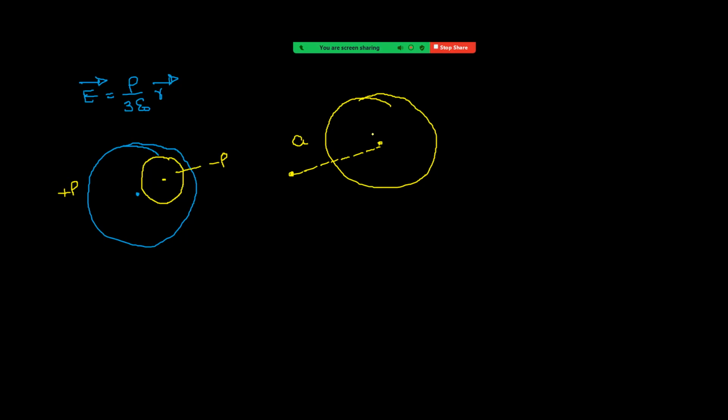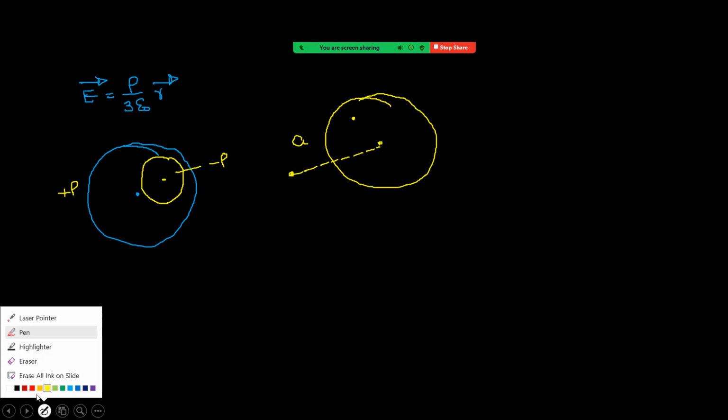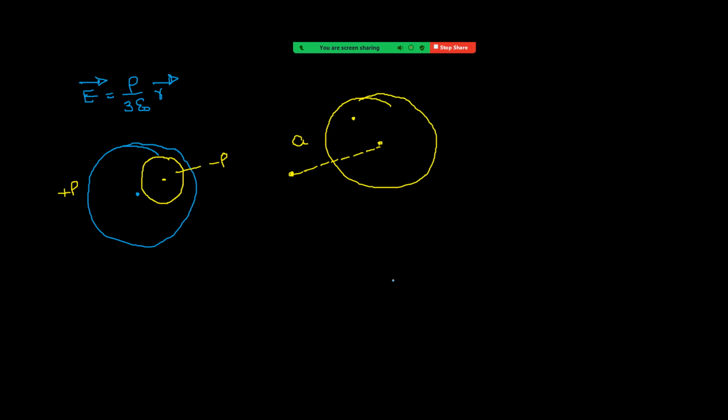We want to calculate the strength of the field at a point somewhere here. What I am saying is that this can be taken as a combination of fields due to both spheres. Let me write first the field because of the bigger one. See its position vector.